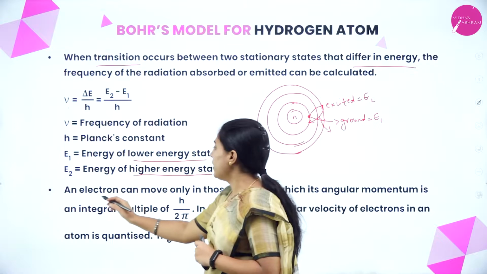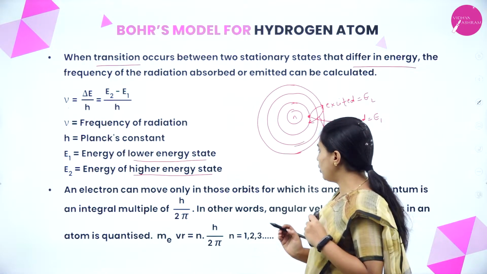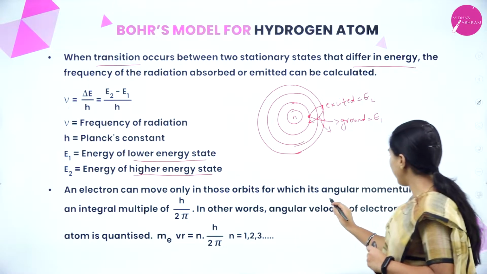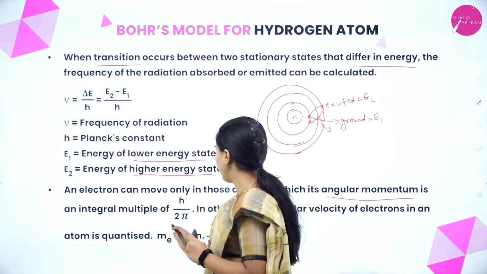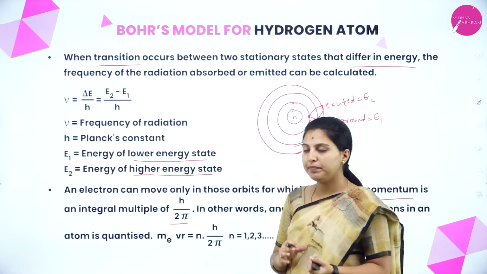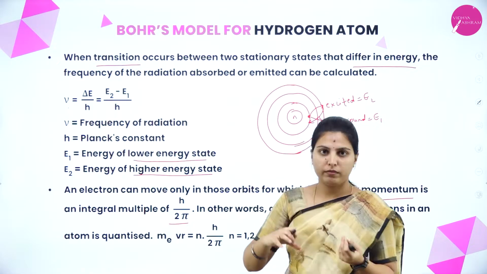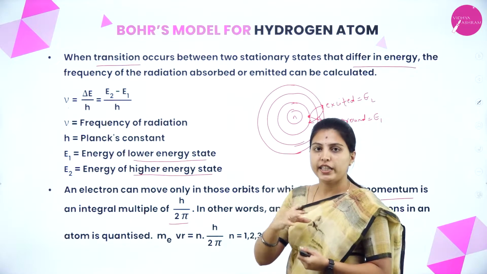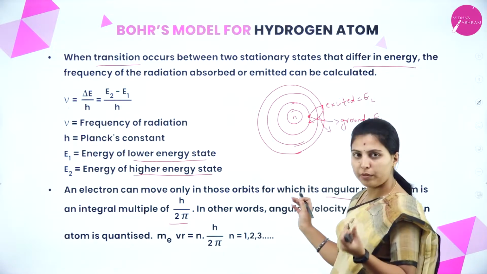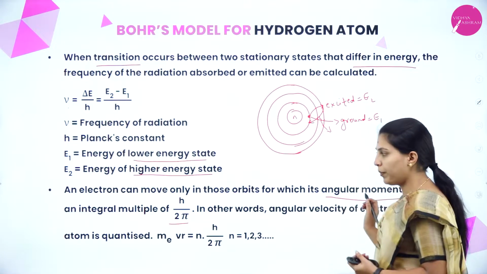Next, an electron can move only in those orbits for which its angular momentum is an integral multiple of h by 2 pi. Okay, what are they telling? The electron will move in the orbit which has a particular angular momentum.